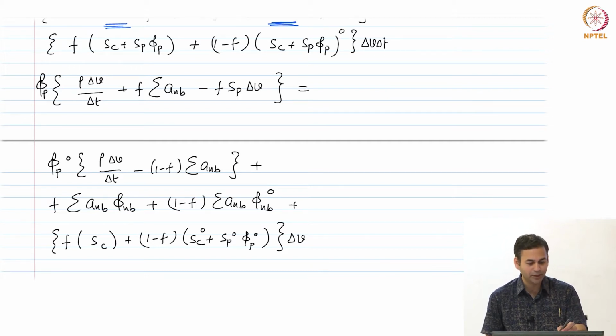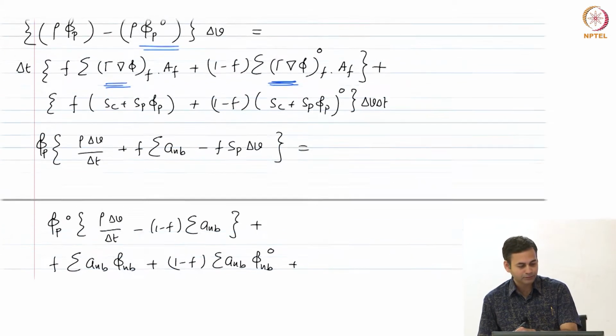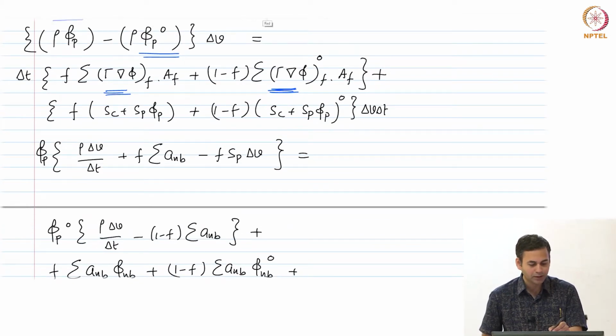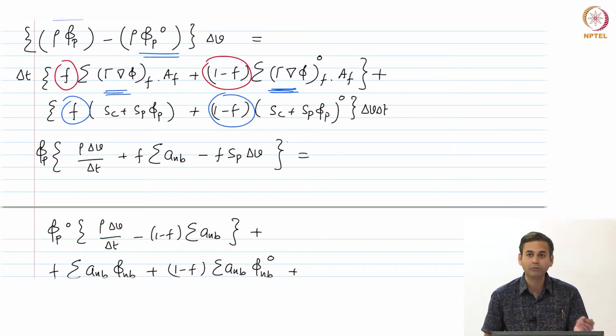Of course, there was a question yesterday: the f we have used in these two terms and the f we have used in these two, could they be different? Yes, they could be different, right. In which case the interpolation or the scheme you would use for the diffusion fluxes would be different from the scheme you would use for the source terms, that is allowed.